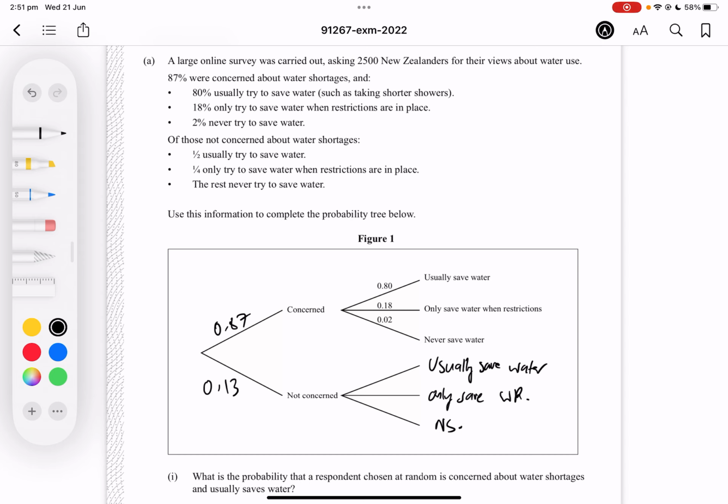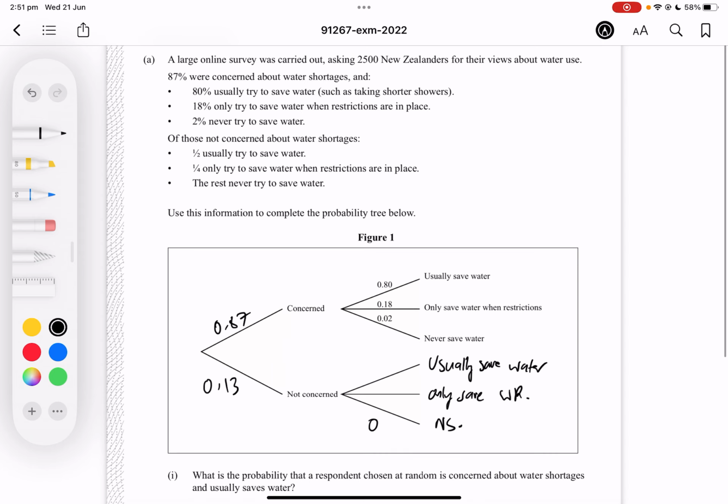A quarter of them try to save when there are restrictions, so that's 0.25, and half of them usually save, so this is 0.5. The rest, 0.25, will never try to save water. Sorry, I misread that question, so 0.50, 0.25, 0.25.